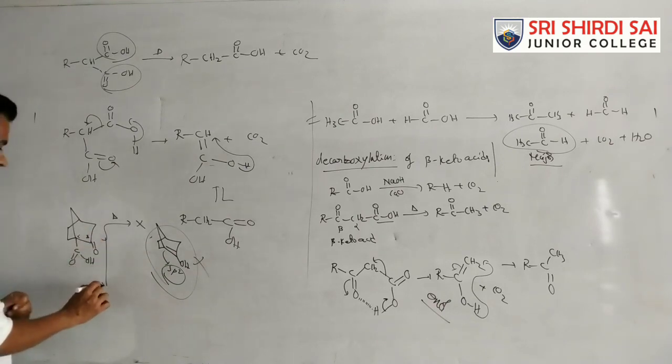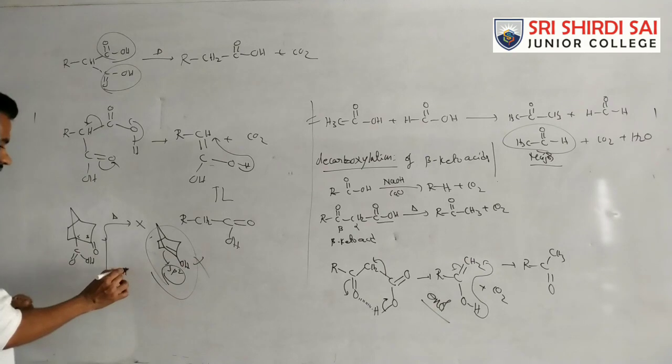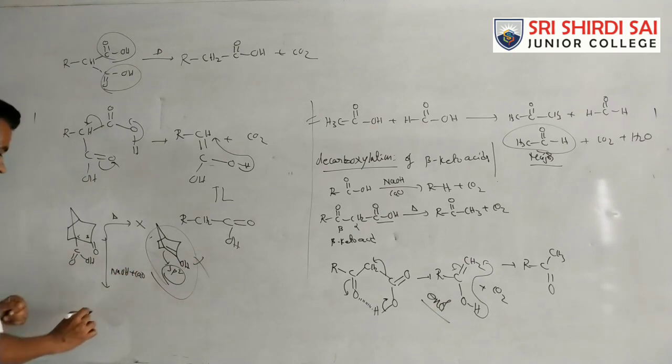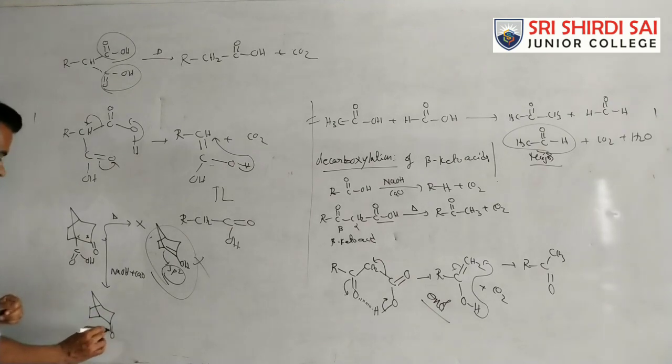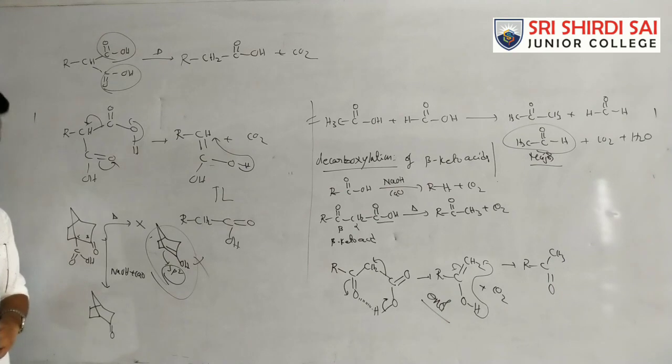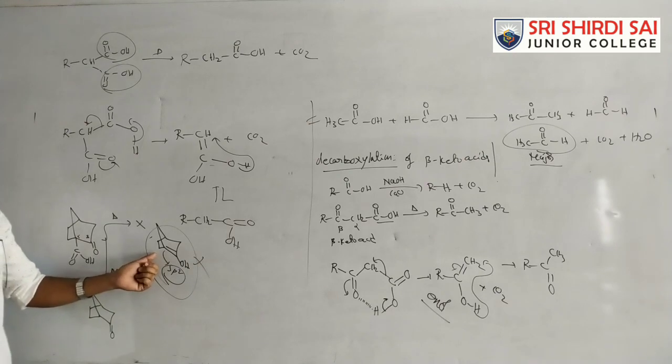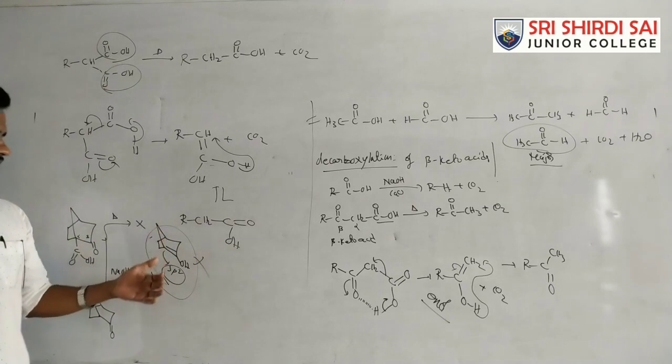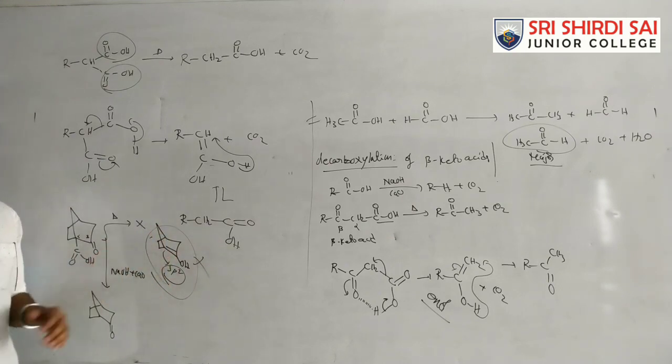Or suppose this compound on heating with soda lime, decarboxylation takes place. This one follows a different mechanism. But in this case, decarboxylation by heating just follows the enol transition state, that means the enol intermediate.